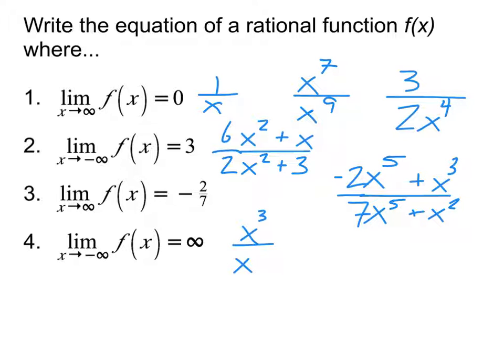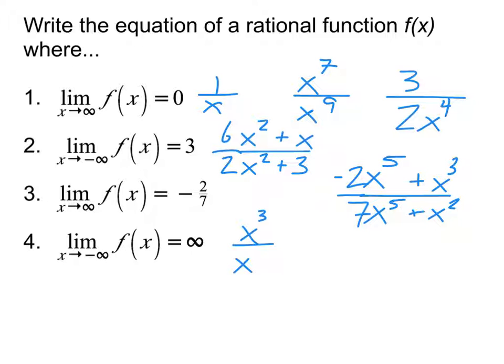Now, that particular example wouldn't work. X cubed over x, you notice that would simplify down to just equal x. In the graph of y equals x, well, at negative infinity, that's at negative infinity. You need something with an end behavior that starts with up.